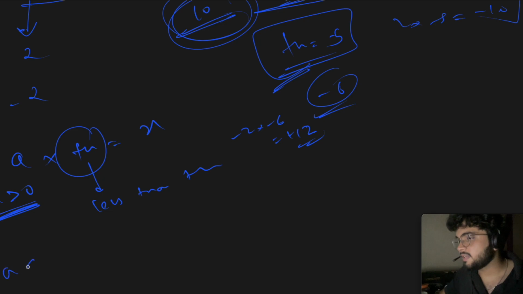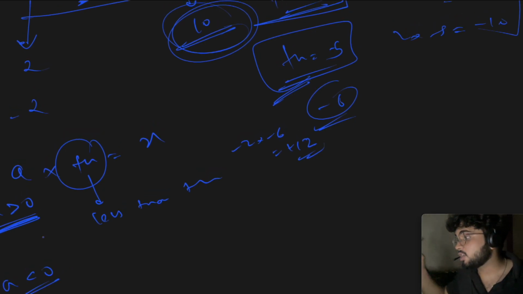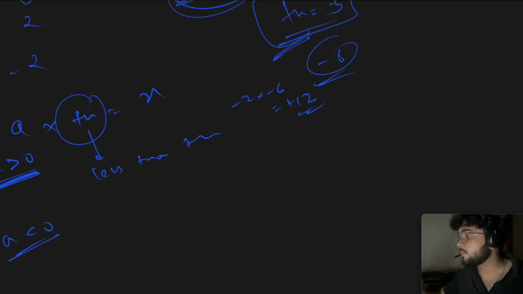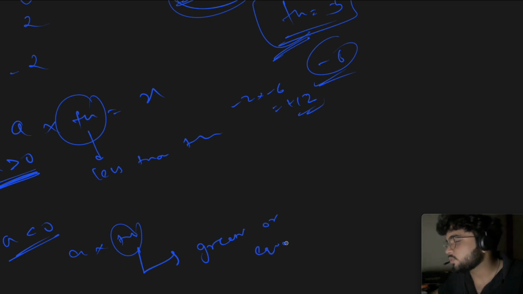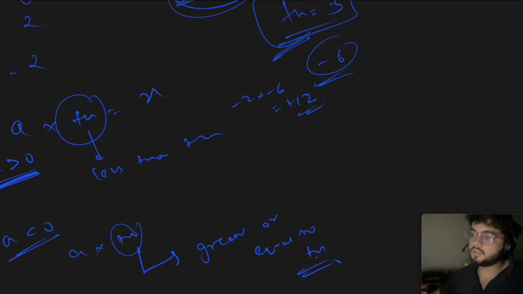But if a is less than 0, then we cannot find values less than threshold, because multiplying it with the negative value, the final product will be greater than x. So here we need values greater than or equal to threshold. Is this making sense?